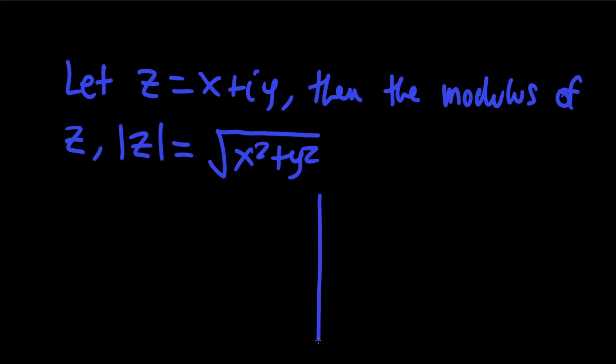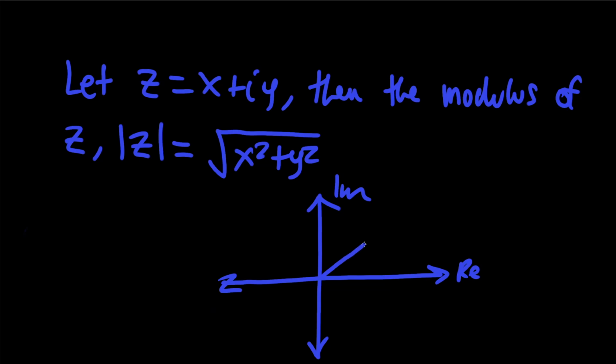So let's go ahead and draw in our complex plane. We have the imaginary and the real axis. Okay, and let's draw in our arbitrary complex number z. So why is this Pythagorean theorem showing up?